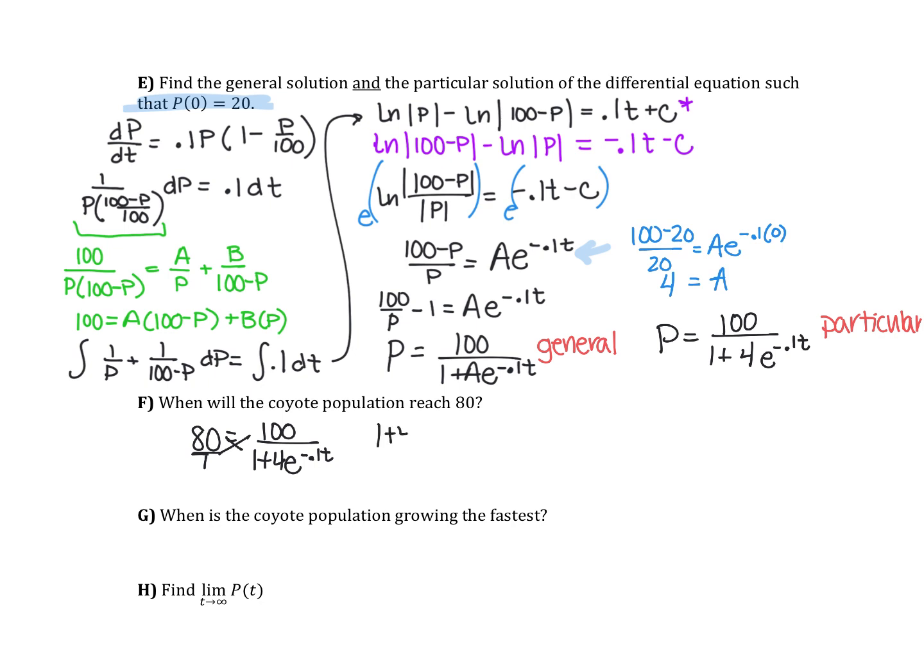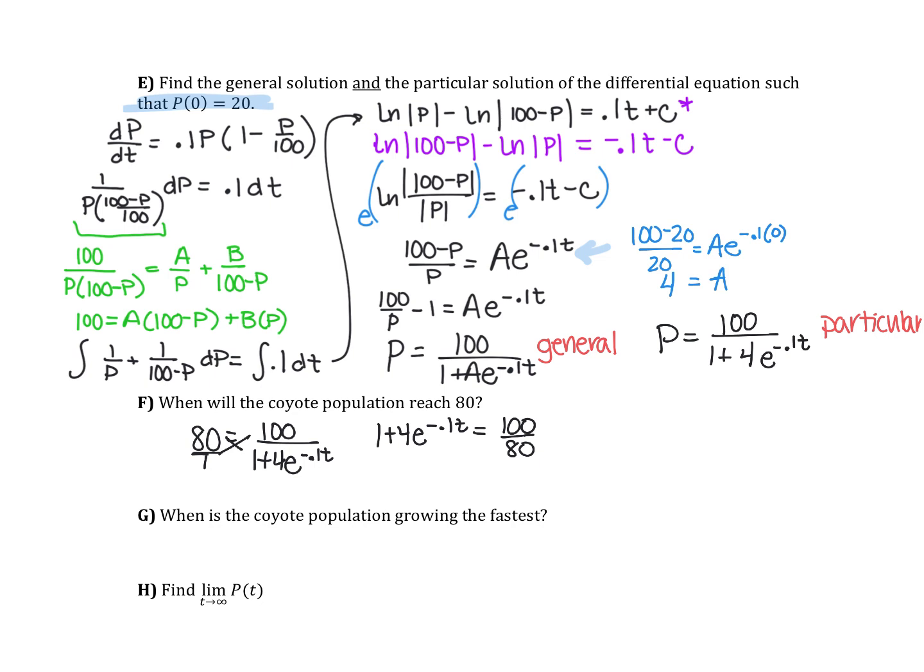So do you feel comfortable with this step? Good? Okay. Now I'm going to work to solve this, and we're going to use a calculator. Most of the time this will be a calculator question. So hit pause and go ahead and finish solving this one. And then see if you can answer G and H, and we'll come back to those in just a second.